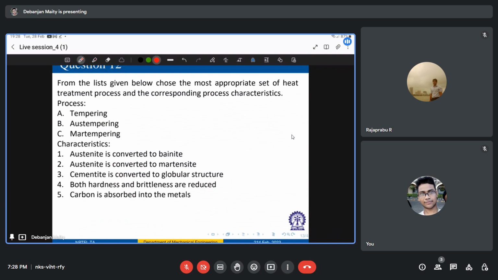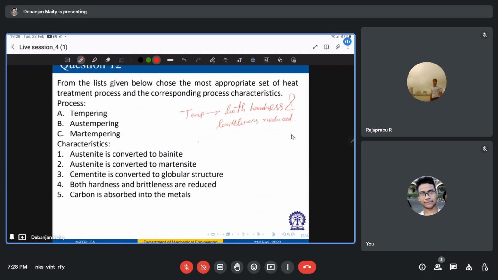Now, in tempering, both hardness and brittleness are reduced.